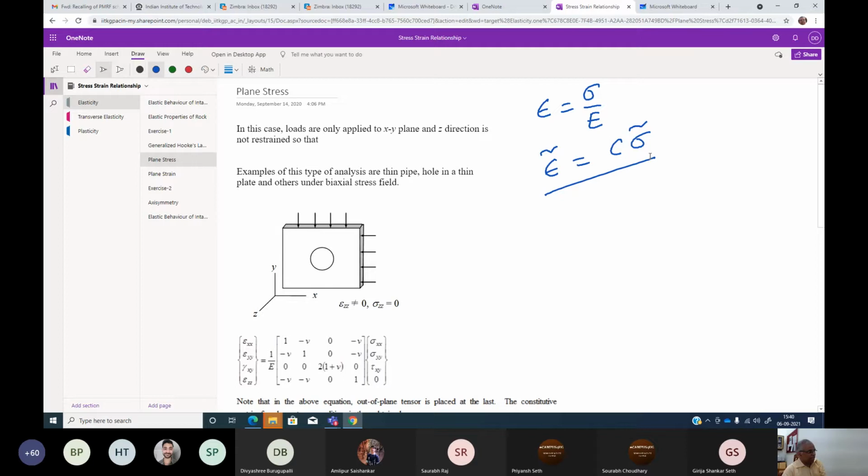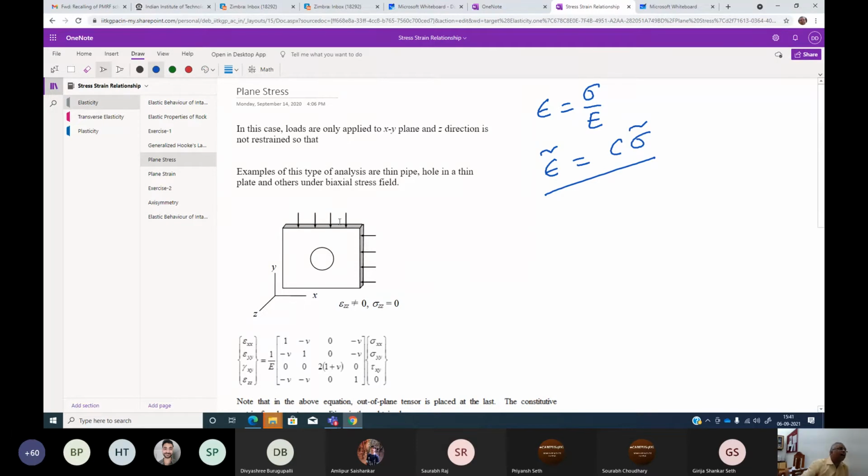Now what is plane stress? Let's say this is a steel plate and we made a hole. Then I applied the stress in the X and Y direction only. There is no stress applied in the Z direction. The application of stress is only in the X and Y direction.